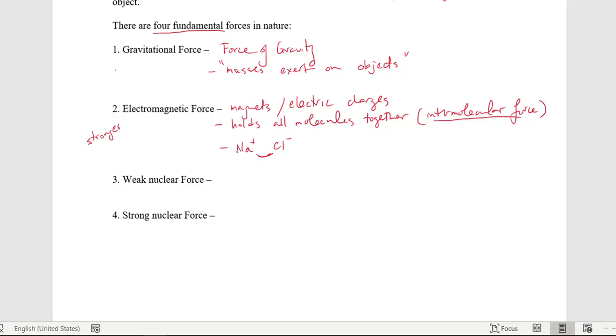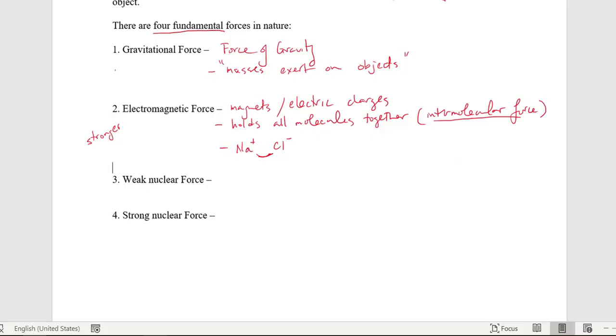In fact, the electromagnetic force is about 10 to the 28 times stronger than gravity. What does that mean, 10 to the 28? So imagine a 1 with 28 zeros after it. I'm not going to write all the zeros, but imagine that's how many times stronger electromagnetic force is.